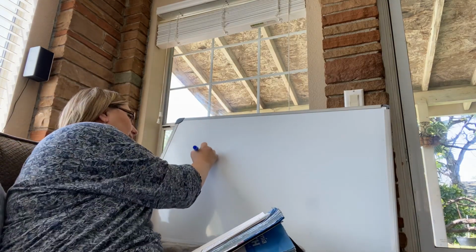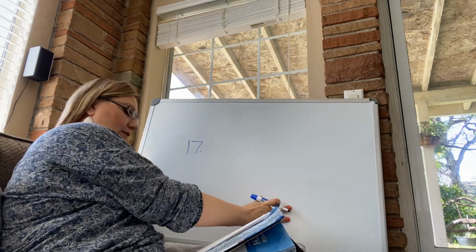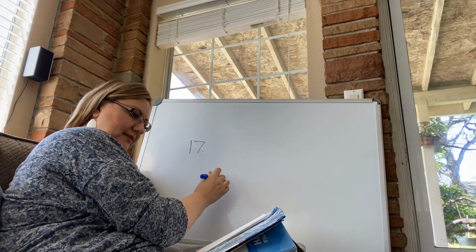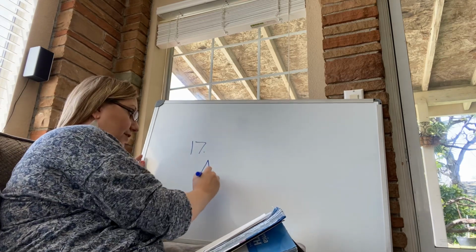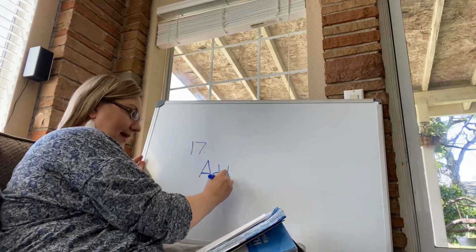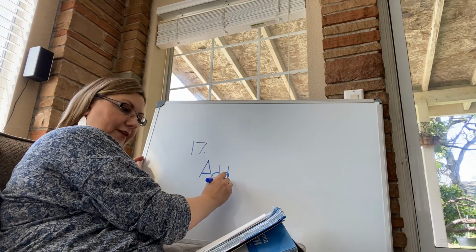So number 17 says put 1/4 on your desk. Okay, I'm just going to draw a fourth and add 2 more fourths. So I'm going to write for you what the question is. What we're trying to figure out is how to add these two fractions.